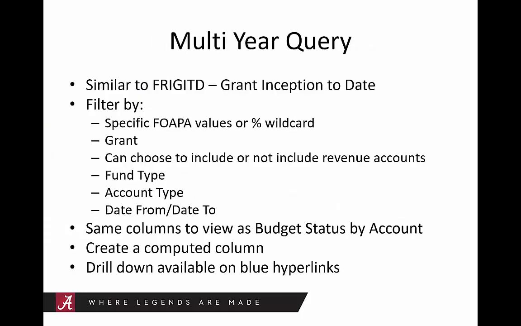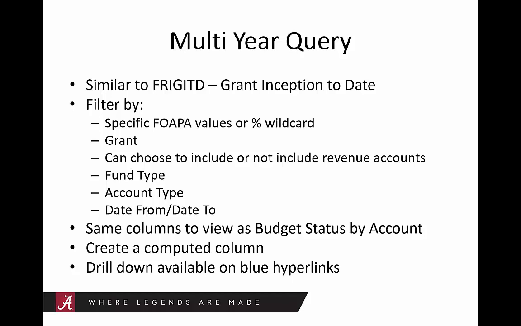Finally, our fifth query type is the multi-year query. This query is similar to FRIGITD, Frigid, the grant inception to date query in Banner Admin. You can filter the multi-year query by vote values or wildcards. Grant code is required for this query.